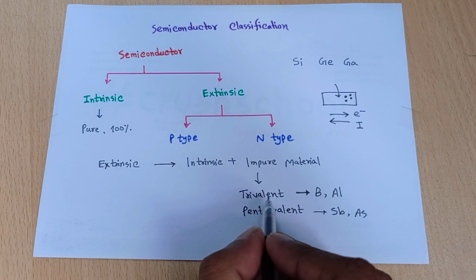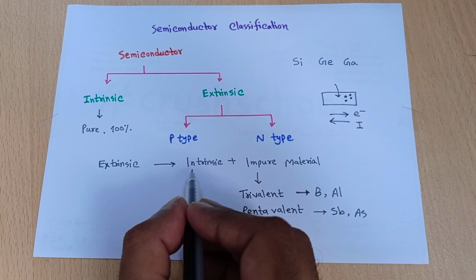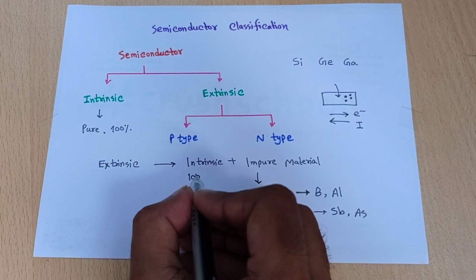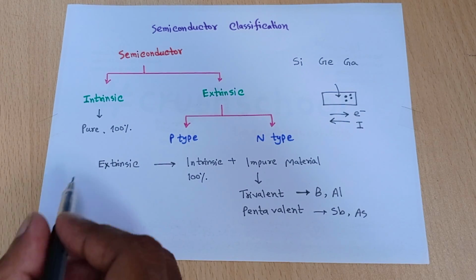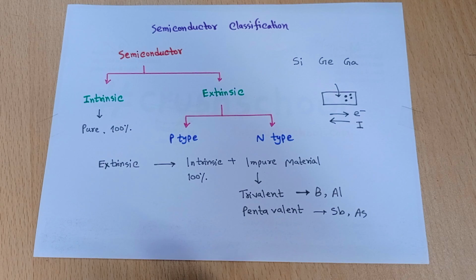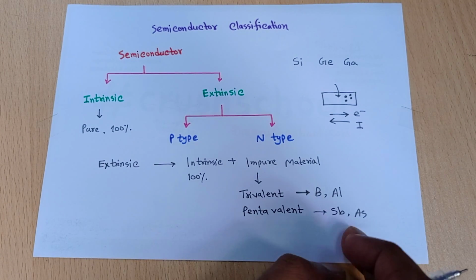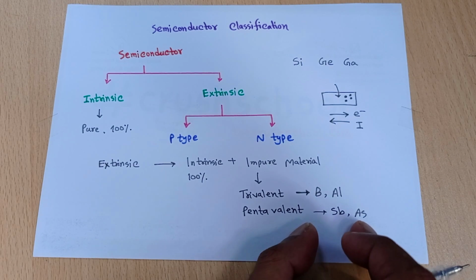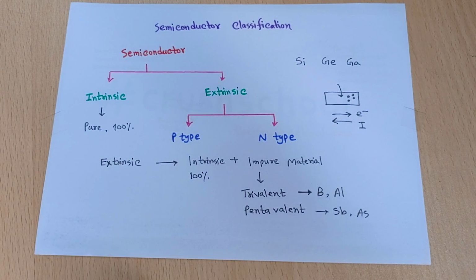When we use a trivalent atom as an impure material and attach it to any intrinsic or 100% pure semiconductor, this semiconductor becomes an extrinsic semiconductor, which is not pure. And when we use pentavalent, like arsenic or antimony, and add this material to the intrinsic semiconductor, it is also called an extrinsic semiconductor.